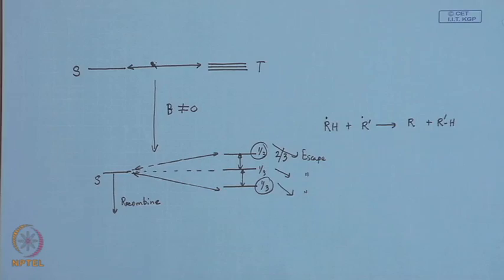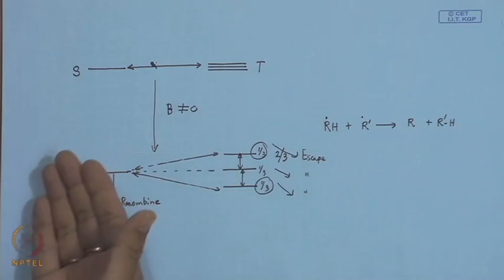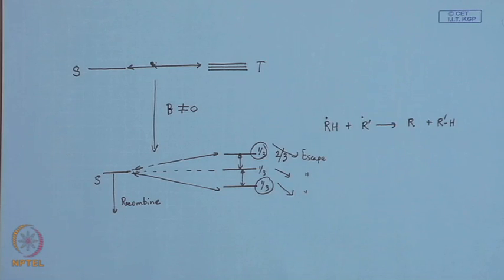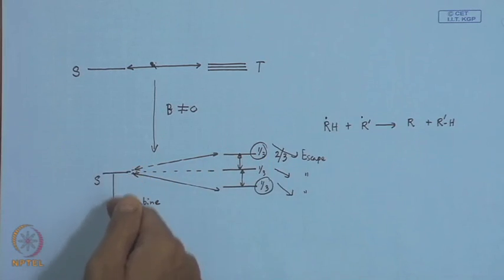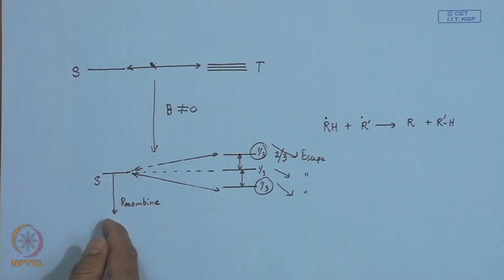So what will happen? When there is no external magnetic field, these triplets could have the option to move to singlet, or they may escape. But since this channel produces recombination product, more recombination may be expected, because it is a very fast process.